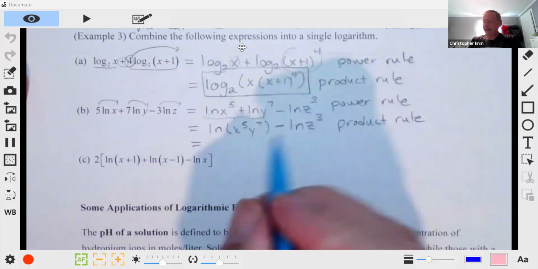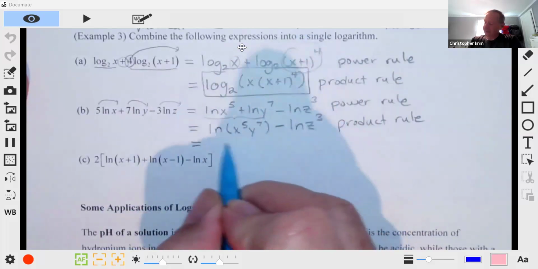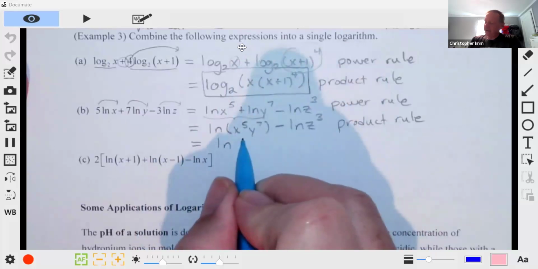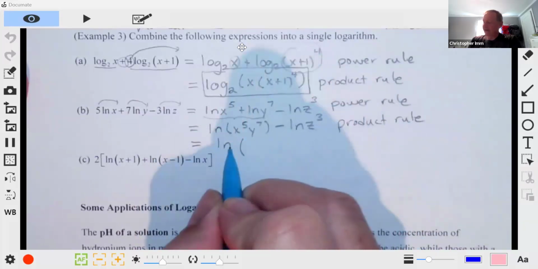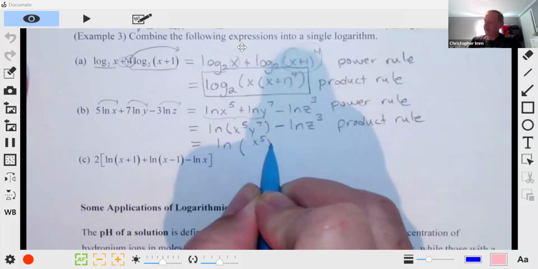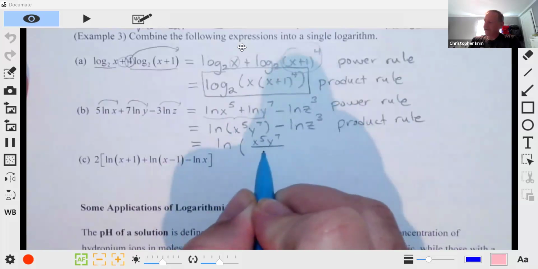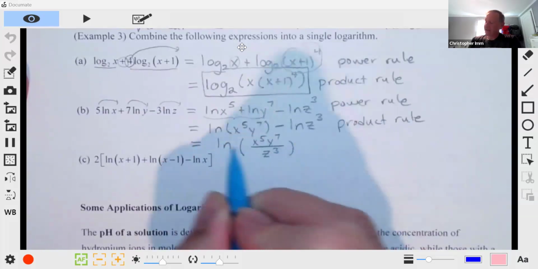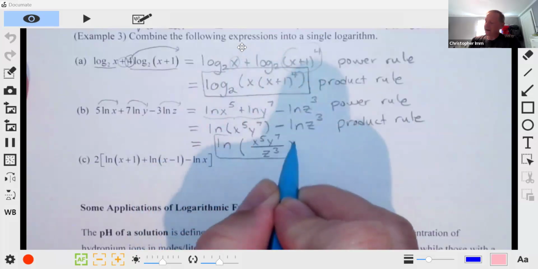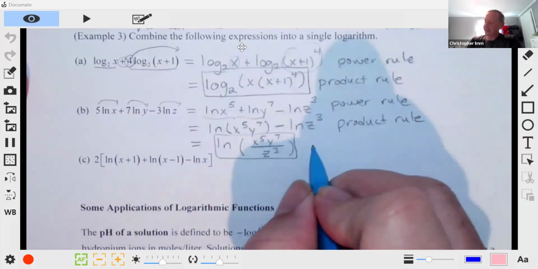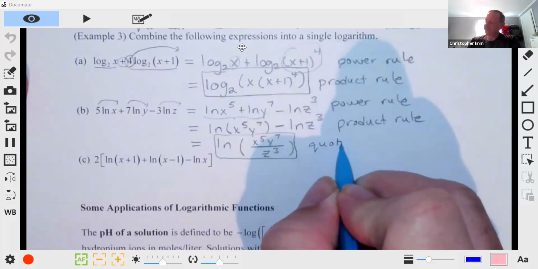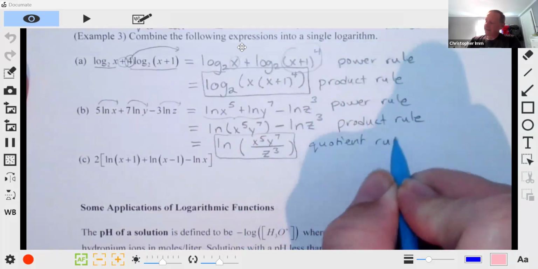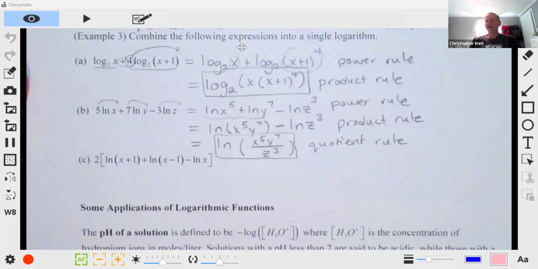Finally, I'm subtracting, so I can use that quotient rule. They have to be the same logs, and they are. They're log base e, so natural log of x to the 5th, y to the 7th, all over z cubed is going to be our log simplified, and here we're using the quotient rule to combine everything into this one log portion.